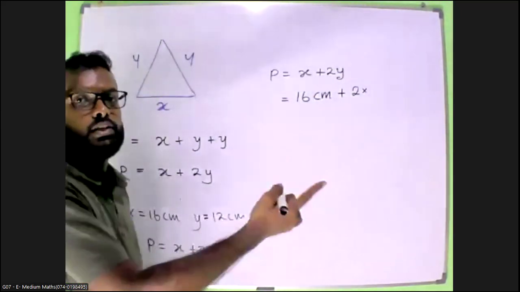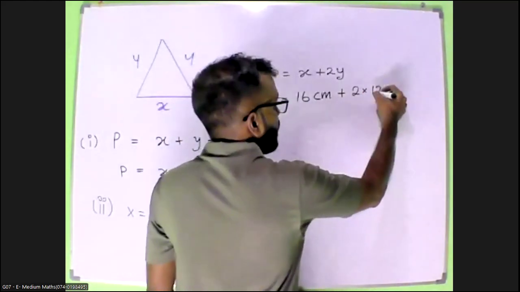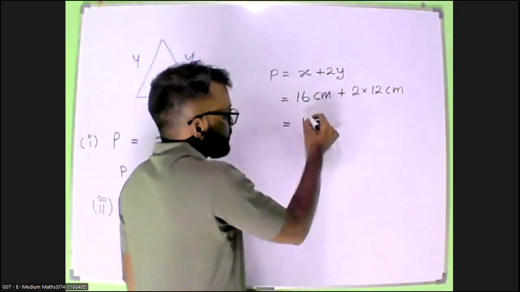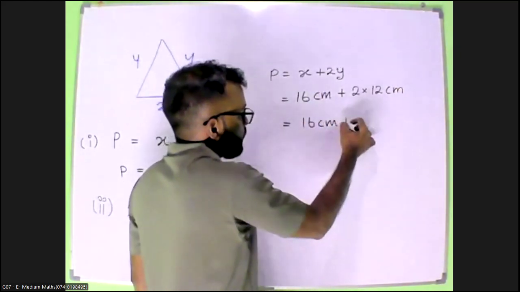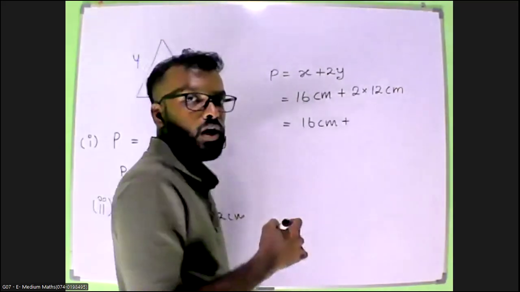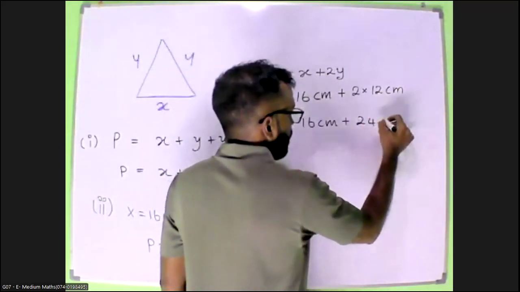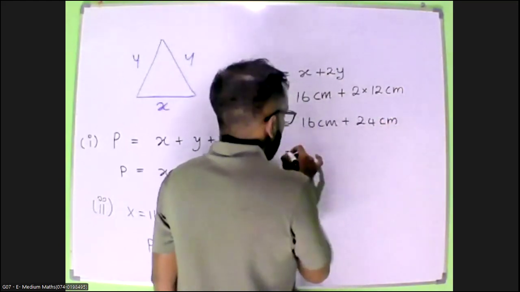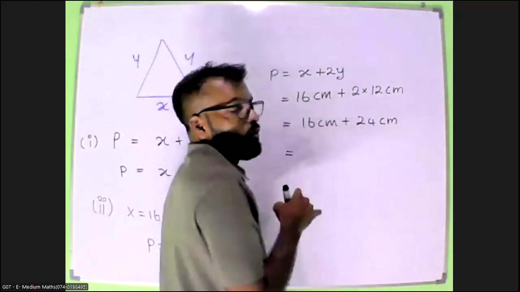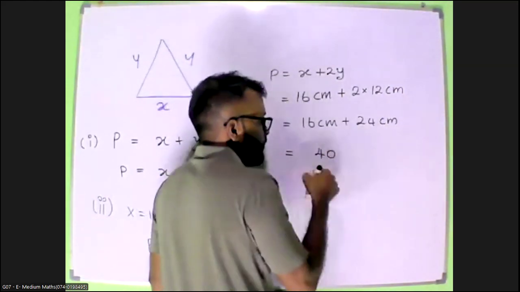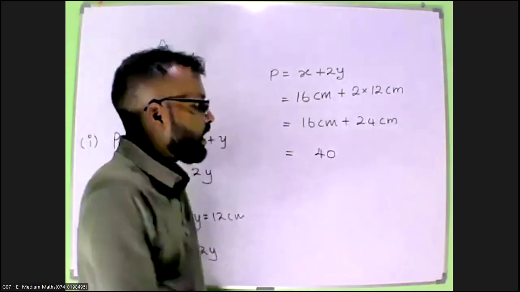Y means 12 centimeters. Instead of y, I am going to substitute 12 centimeters. 16 centimeters plus, I have to multiply, 2 times 12, 24. 16 plus 24, 40 centimeters.